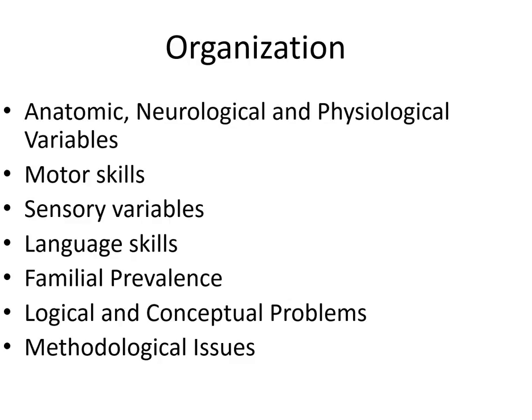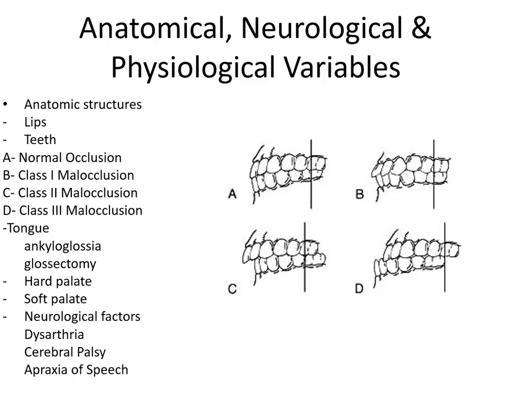The next one has to do with motor skills, and we'll talk about sensory variables, how speech sound disorders relate to language skills, whether there is prevalence in families, and the logical and conceptual problems that are related to these issues and the methodological issues that people have to face when conducting this type of research.